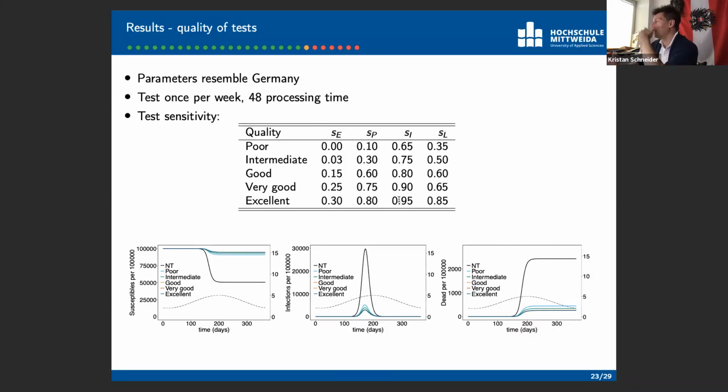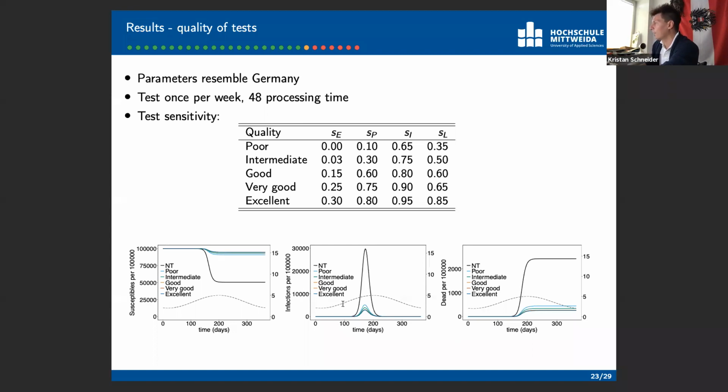So if we actually do that and look at the output of our differential equations, those are our results. Let's look at the middle plot here first. That is the number of infections in the risk group, just the risk group, per 100,000 individuals.